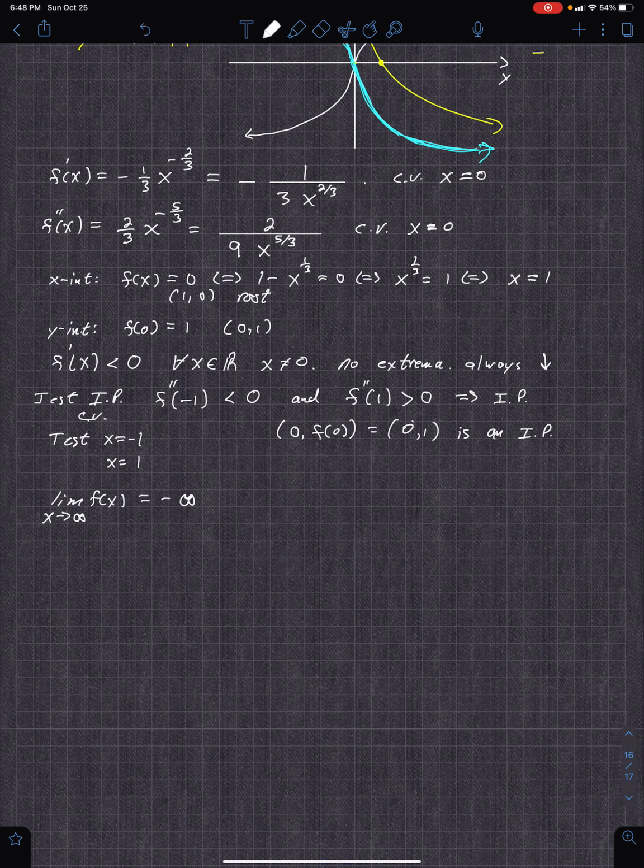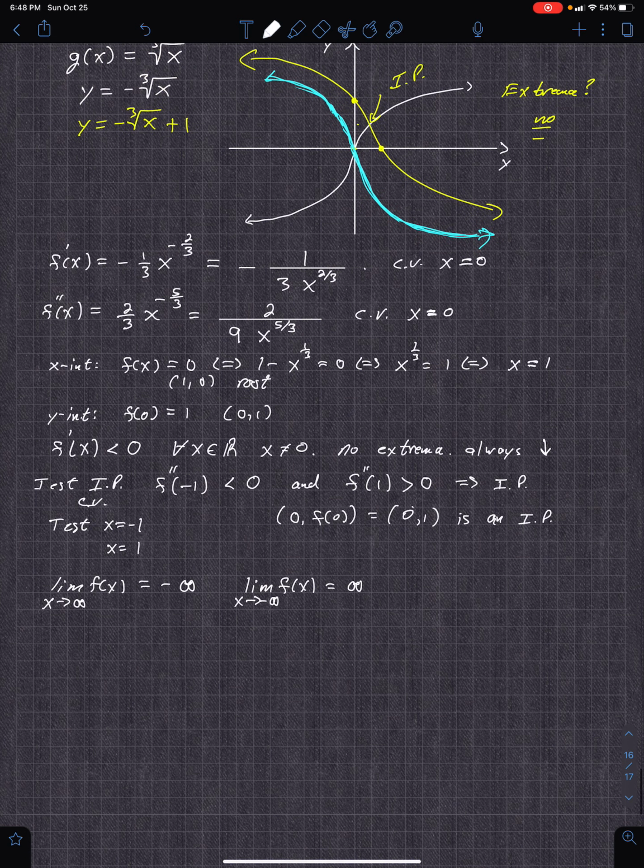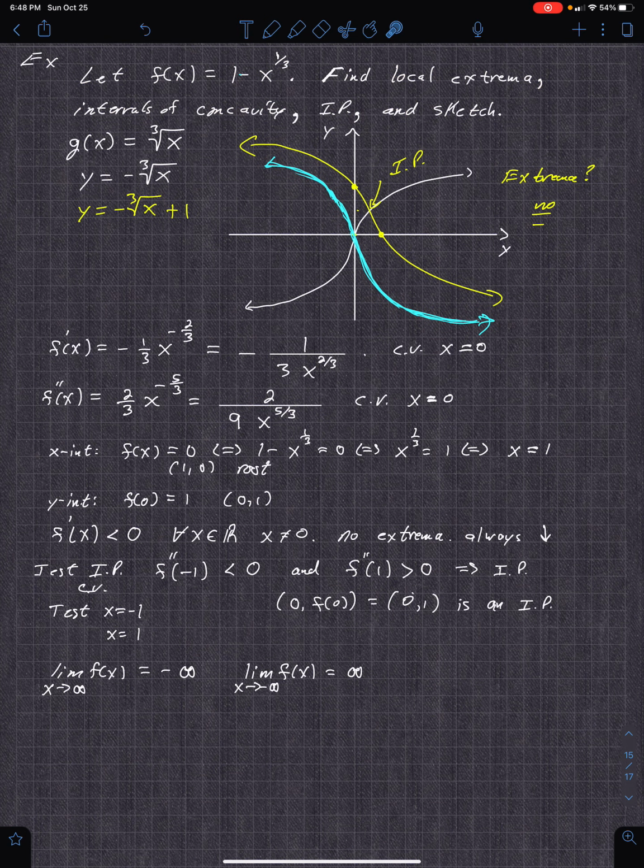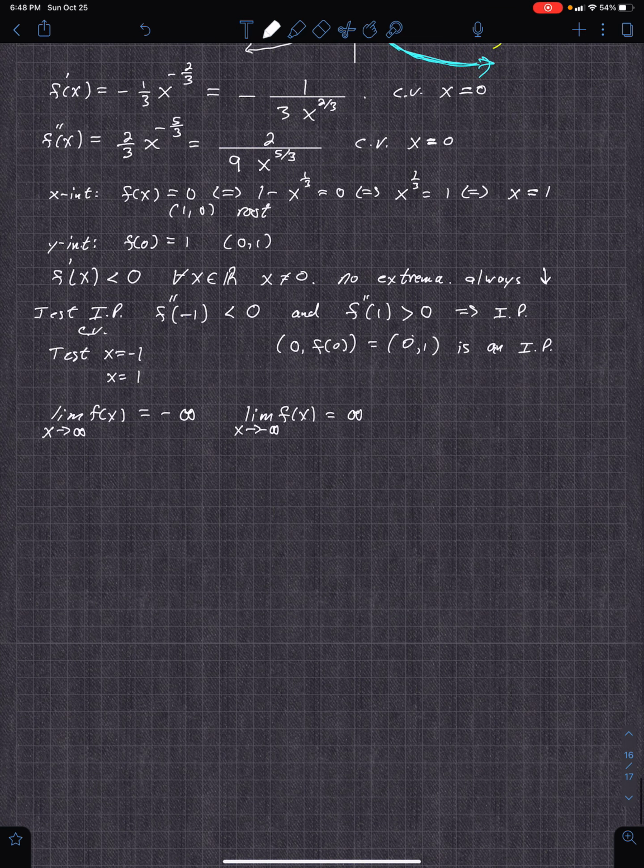Okay, so it just goes down forever. We can also look at the limit of f of x as x approaches negative infinity, which equals positive infinity, because a negative negative becomes positive. That's what I mean. Okay, so those are other things you can analyze. That's another way to analyze.